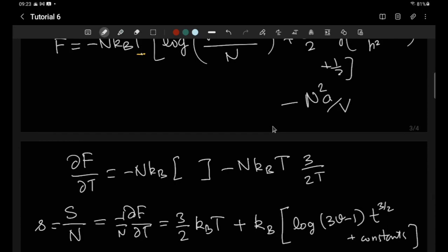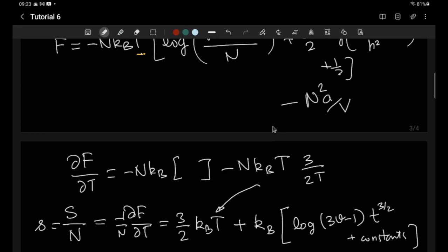Sir, you put n kB T and 3 by 2 T term in the previous equation, and the next one it shows up as 3 by 2 kB T again. That is this term, right? The T and T cancel out.